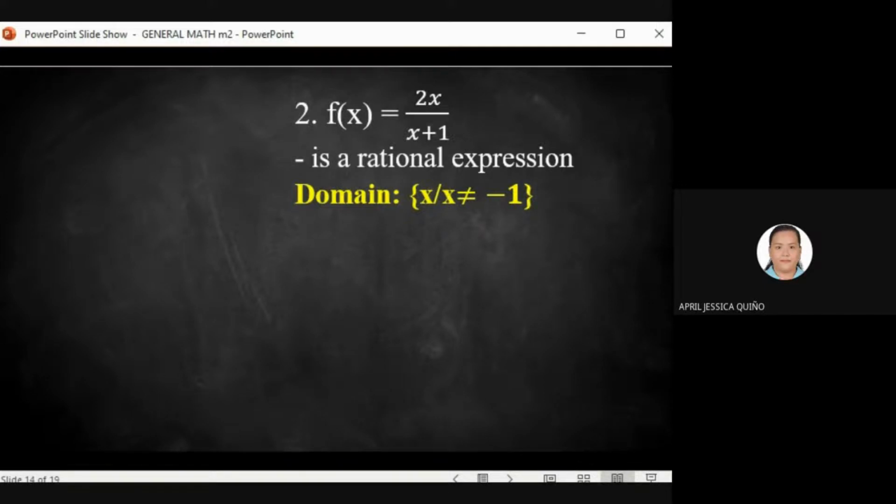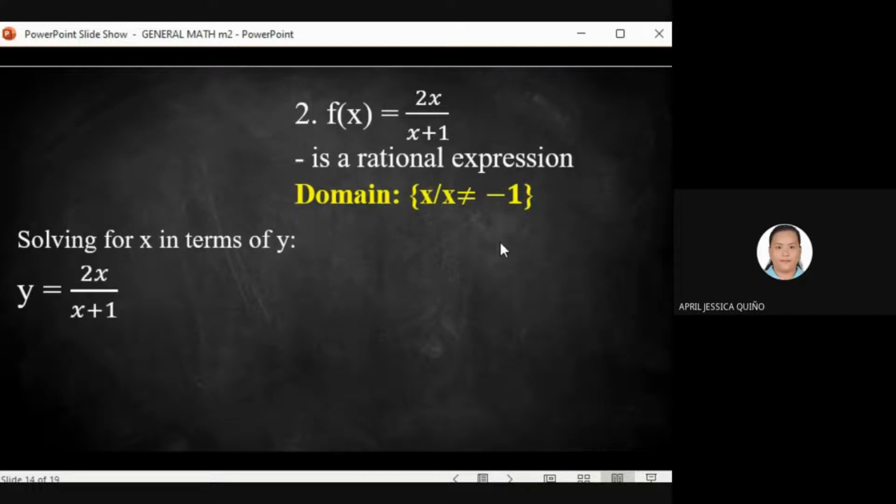Now, how about for the range? In order for us to identify the value of the range, we need to solve x in terms of y. So, y is equal to 2x over x plus 1. In order for us to solve for x, we need to multiply x plus 1 to both sides.